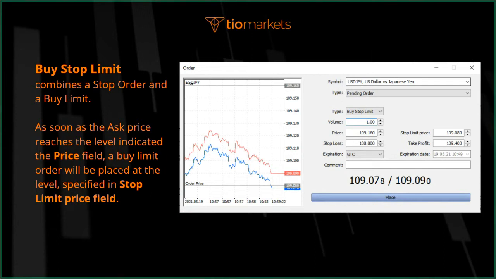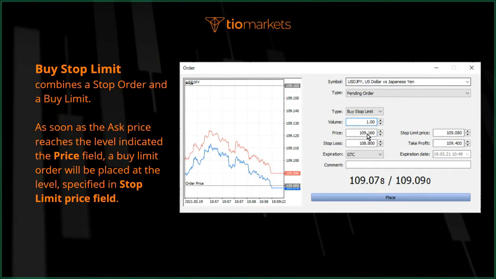So we are basically saying that we want to be buyers if the ask price reaches a specific level, and this specific level we indicate in the price field.